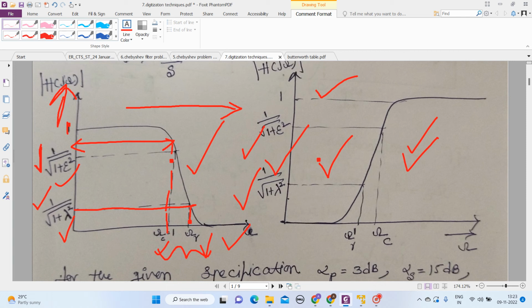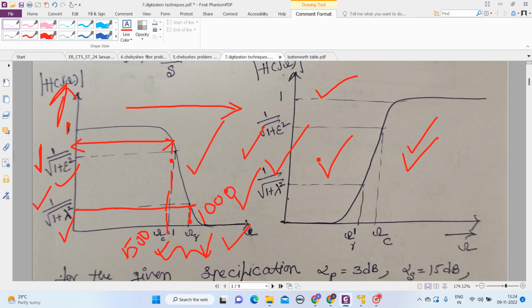Here our cutoff frequency, for example, is 500 radian per second, and the stop band analog frequency is 1000 radian per second.